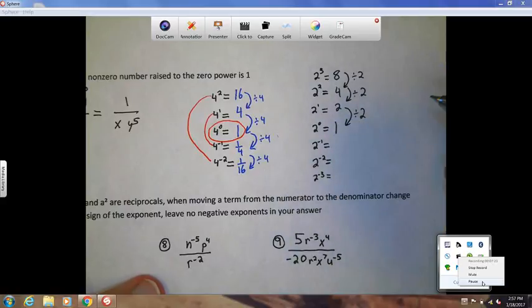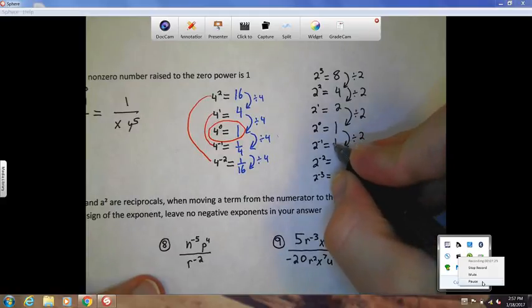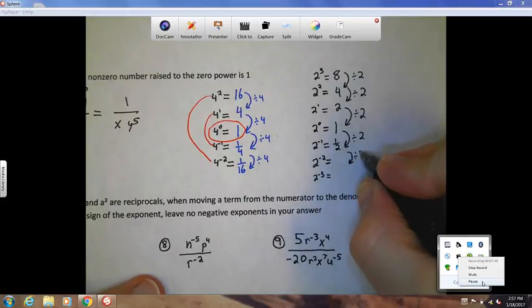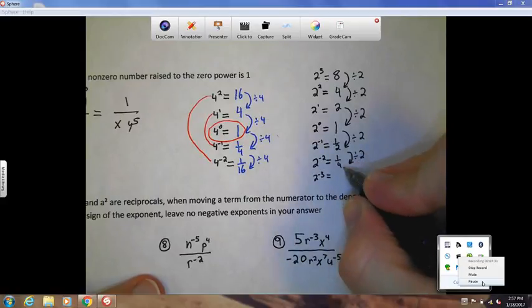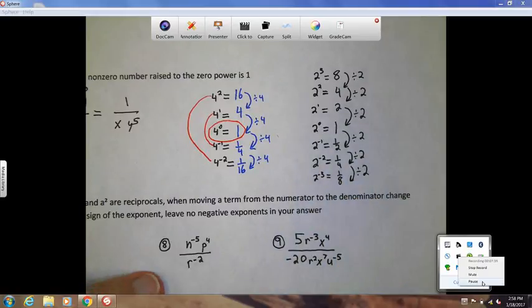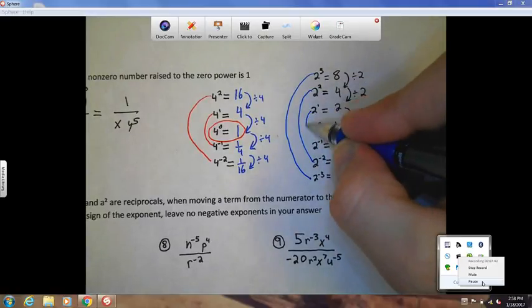Divide by 2, 1/2. Divide by 2, 1/4, and that's 1/8. So you can see how the pattern works, and notice that we have reciprocals, and anything to the 0 power is 1.